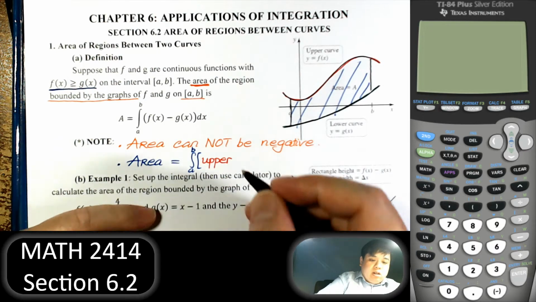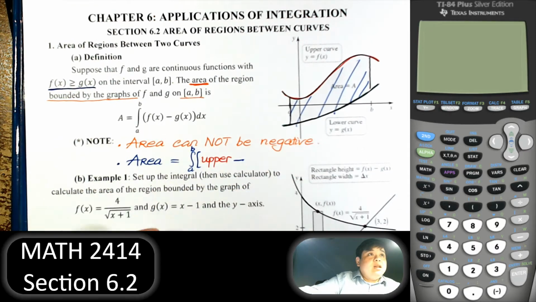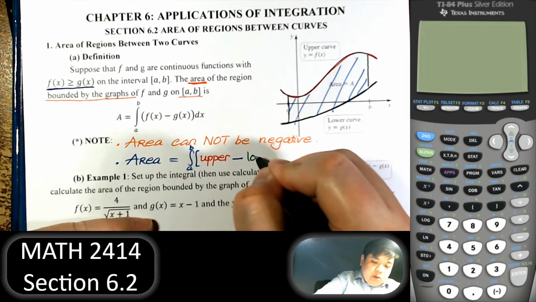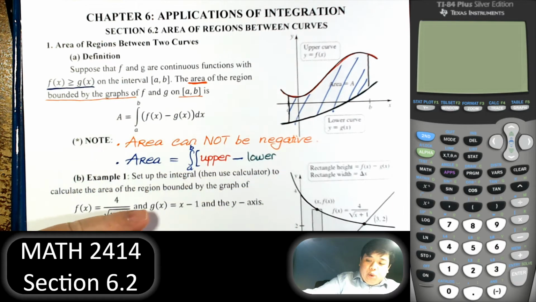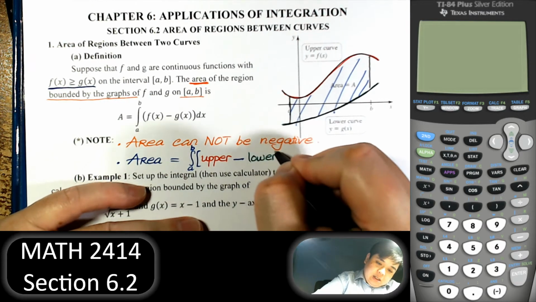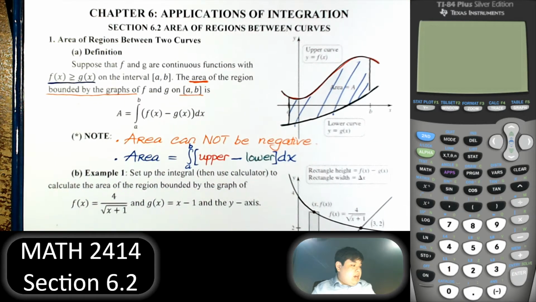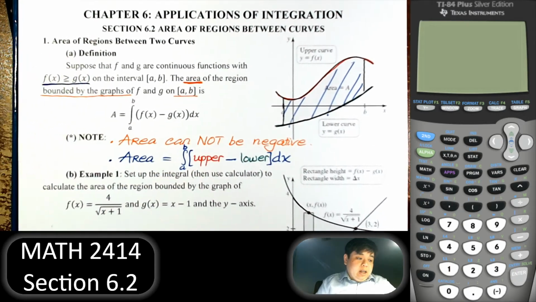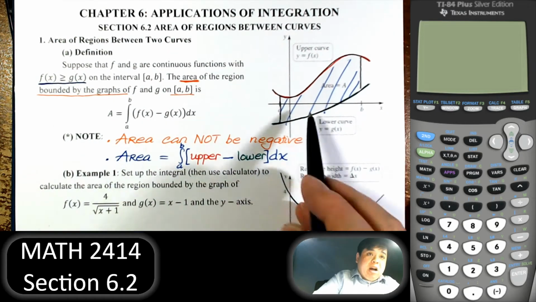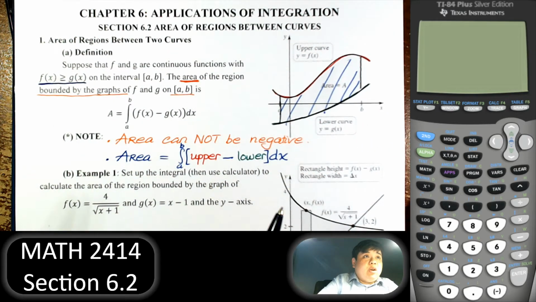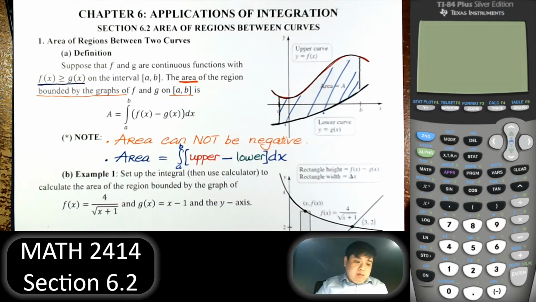So the upper function, subtract the lower function, and we integrate. That gives us the area between the curves given by the two functions. Right, straightforward. Now let's look at the first example.